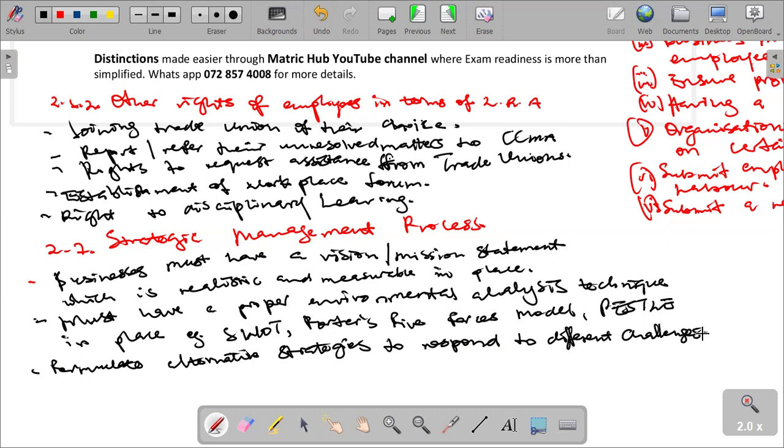They must formulate alternative strategies in order to respond to various challenges the business would have.